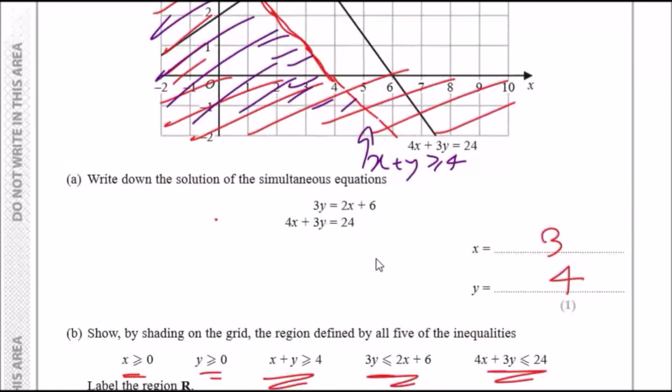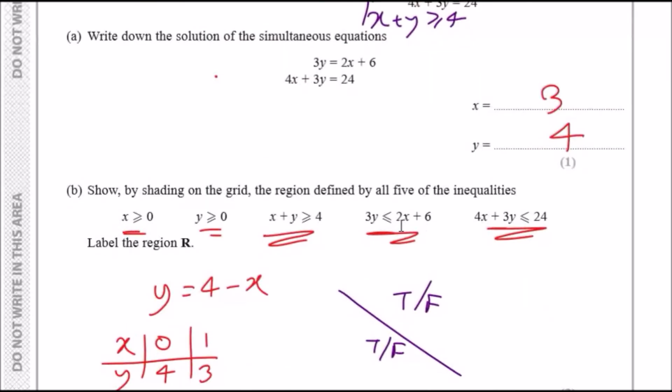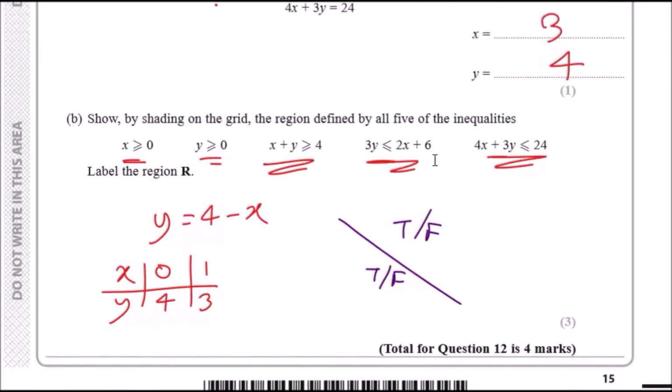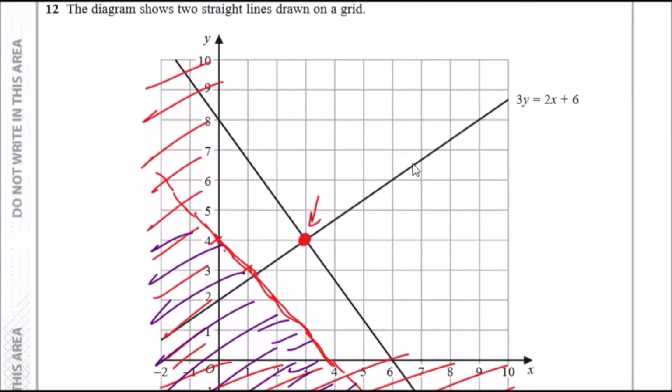Now for the next line, which line should we do? Let's do the 3y one, the second of these. Again, do the true false statement. We pick a coordinate from either side of this line. Let's pick 10, 10 again because it's easy to work with.